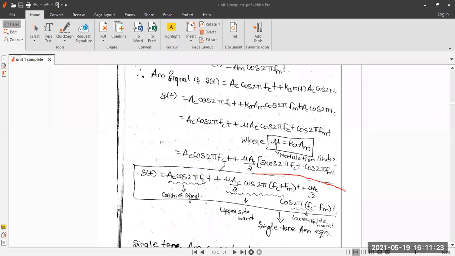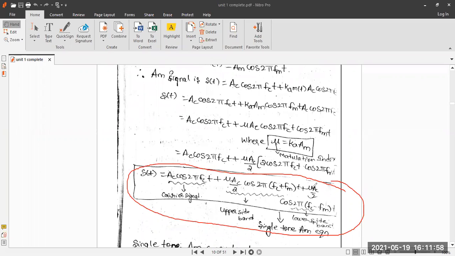So the singletone equation consists of three terms: the carrier signal, which is having frequency fc; the second term, the upper sideband signal, having frequency fc plus fm; and the third term, the lower sideband signal, having frequency fc minus fm.